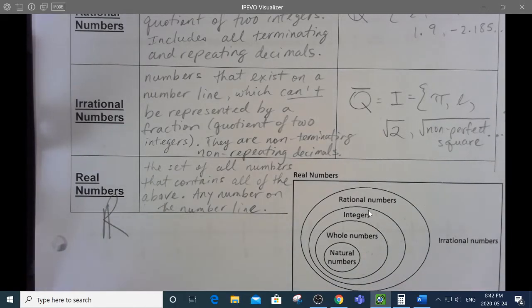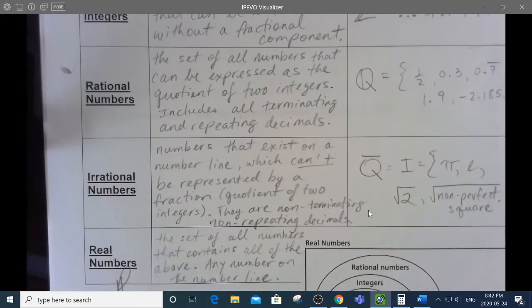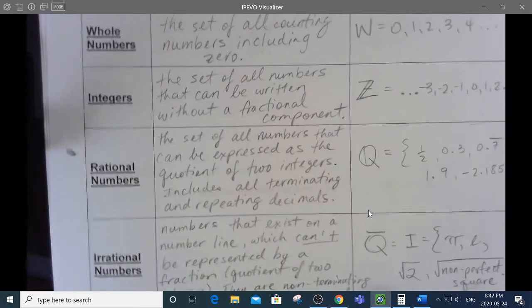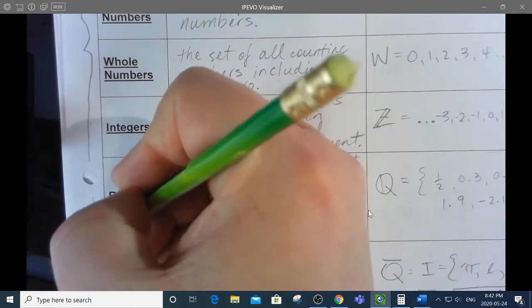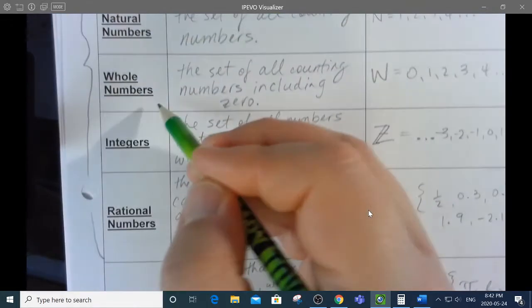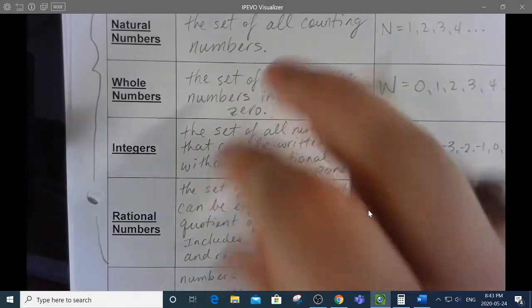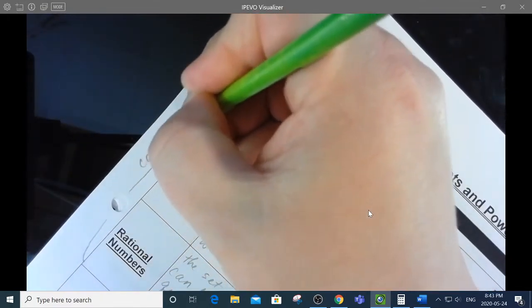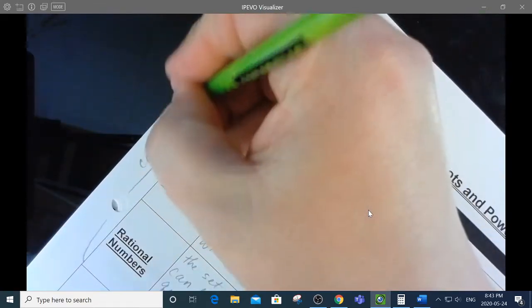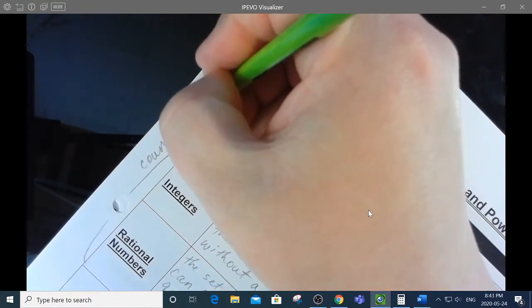But all of these sets are infinite. And here's what's interesting. Everything from here to here, natural numbers, whole numbers, integers, rational numbers, is what we call countably infinite.